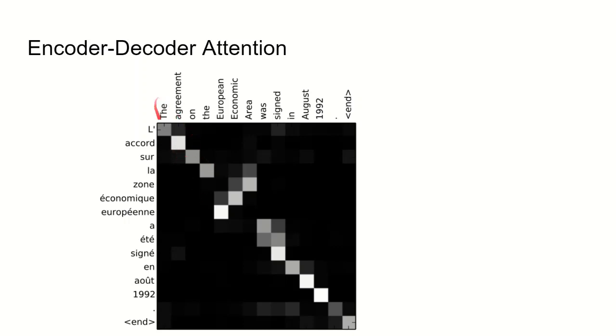Most of the words line up along the diagonal, but we see this part of the diagonal is inverted, and this is because French and English put their adjectives on opposite sides of the noun and in opposite order. Also, the French sentence is one word longer, using three words to say "was signed."